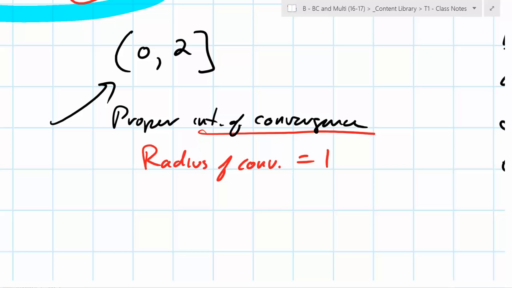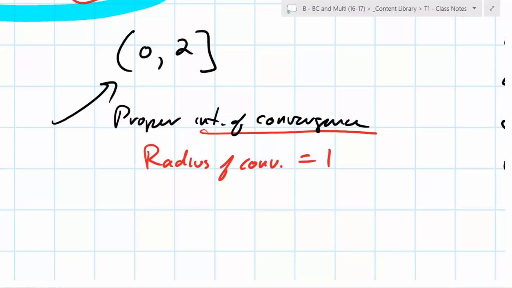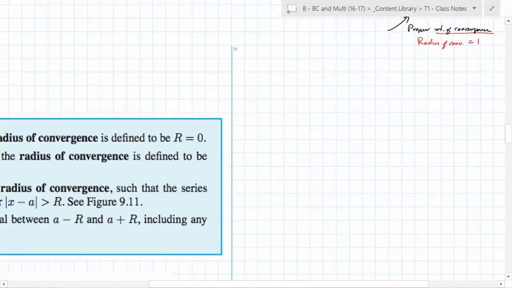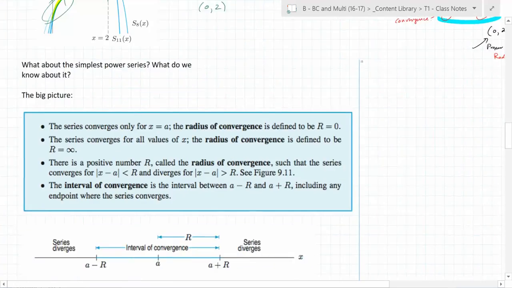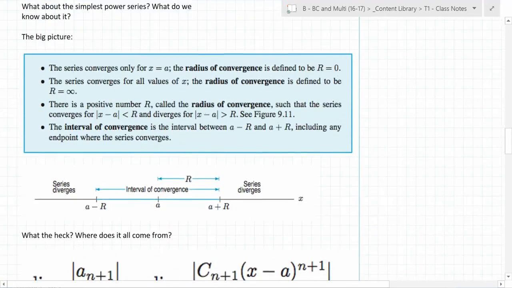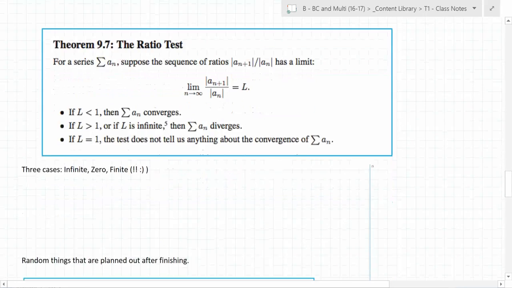Then the radius of convergence is infinity. What if it's convergent at one number? The radius is 0. How far do you go from one dot? Well, you go nowhere. So you need to run the ratio test.